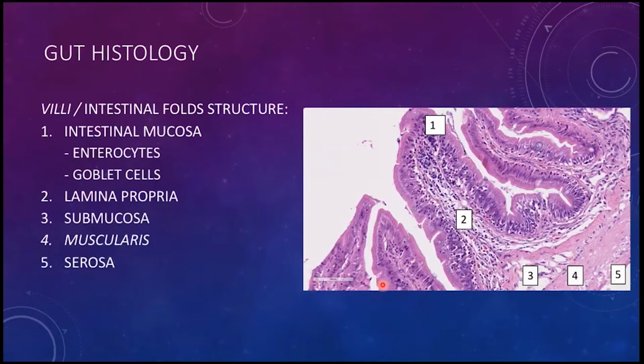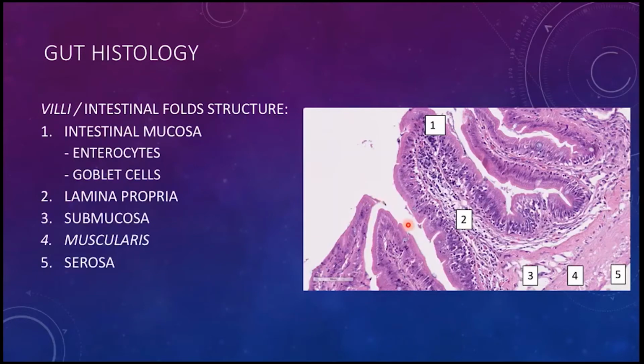We have these projections here that are what we call intestinal folds or villi, and here we have the lumen of the intestine. Here we would have the feet, and here the outer layer and all the organs around the intestine, around the digestive tract.